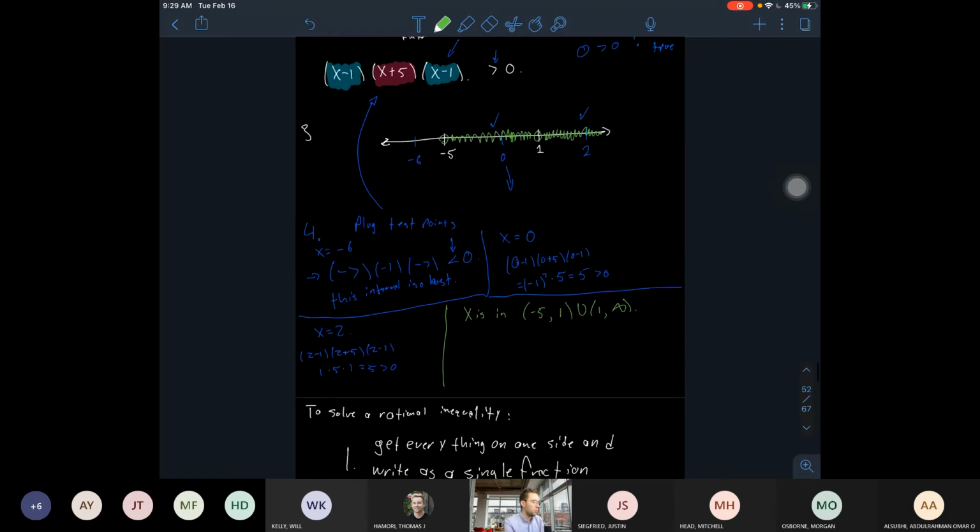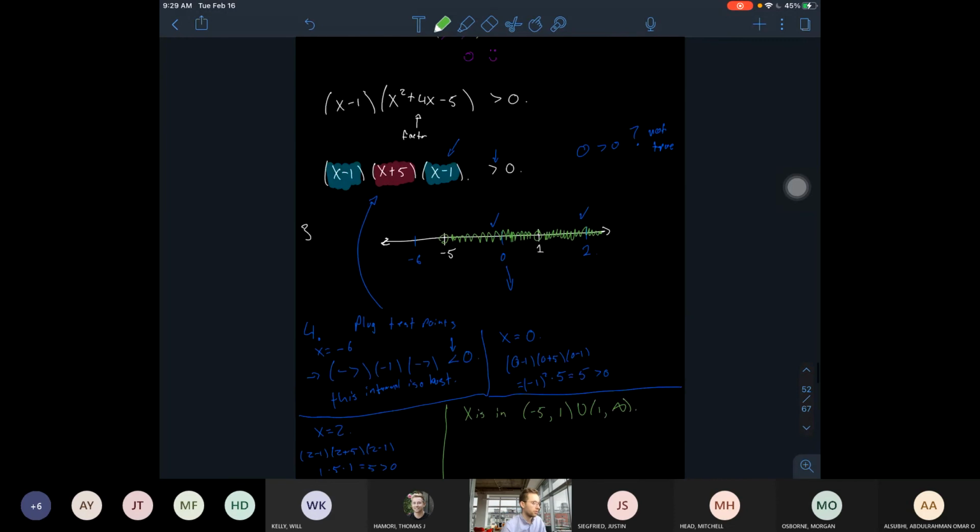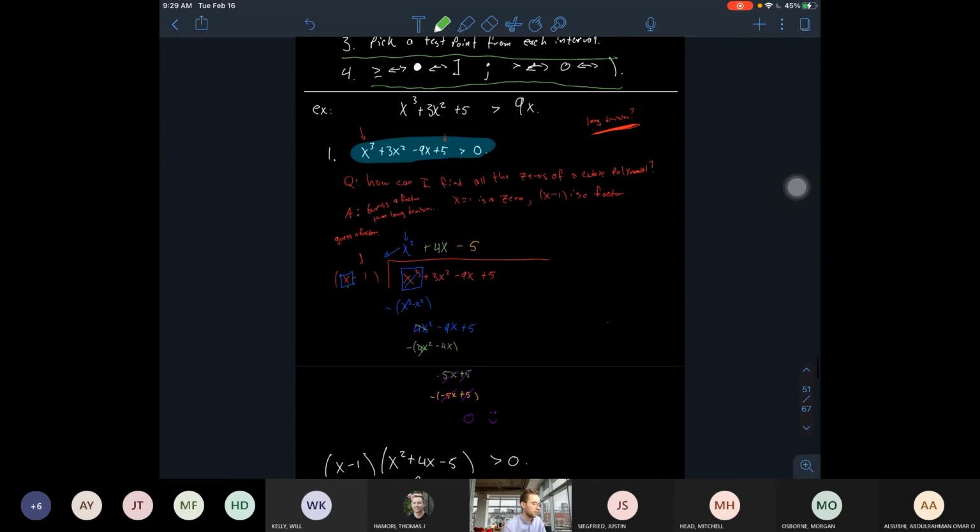Okay, so that's how we do polynomial inequalities. It's pretty easy when we have a quadratic because we can just go ahead and factor the quadratic or use the quadratic formula. It becomes slightly more complicated when we have a polynomial of higher order. If we have a polynomial of higher degree, then we need to try guessing a factor and then dividing it out using long division, okay?